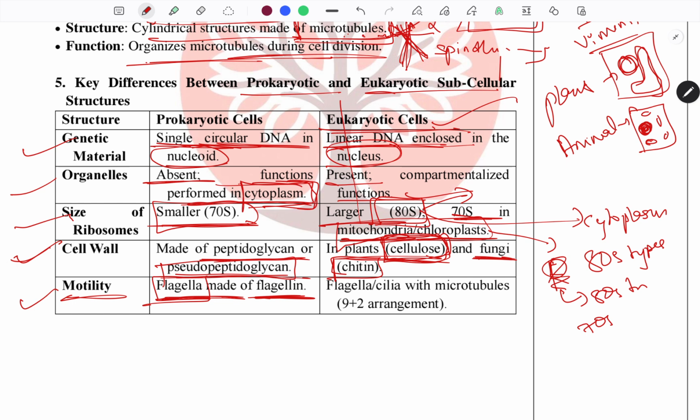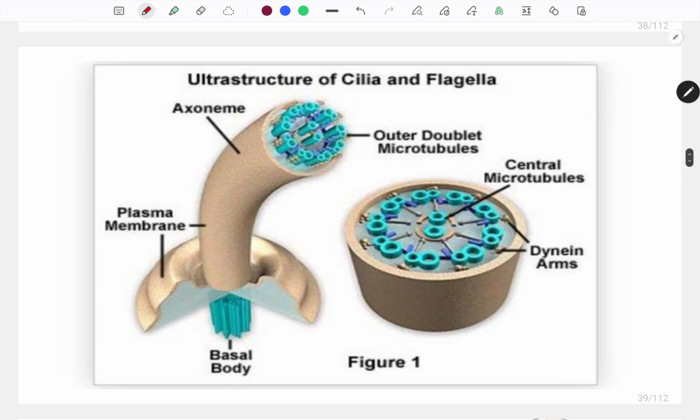In eukaryotic cells, flagella will be there, or sometimes cilia, and they are made up of microtubules. The 9+2 arrangement is an arrangement of microtubules. You can observe what this 9+2 arrangement looks like.